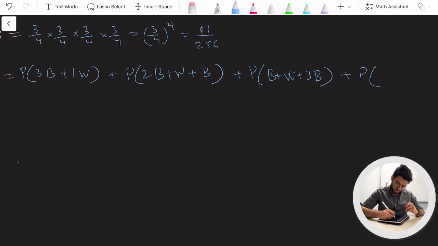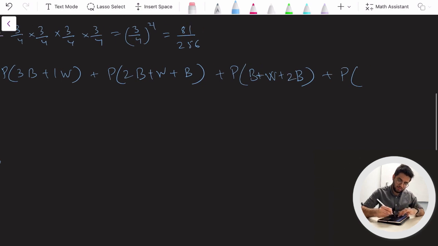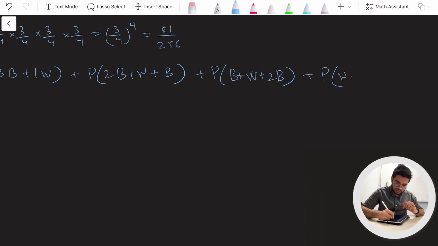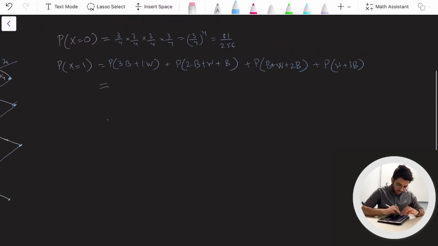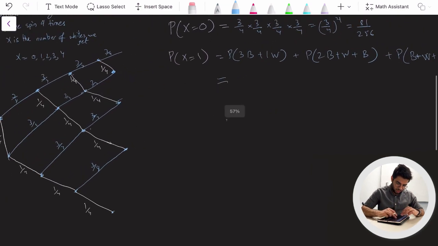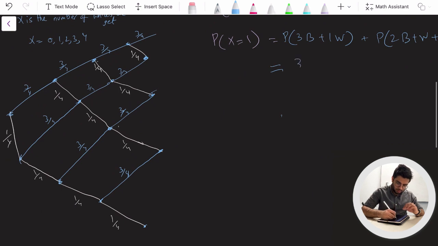Oh sorry, this should be 2 blues. All right, and then you can have the probability that you get a white and then the remaining 3 as blue.